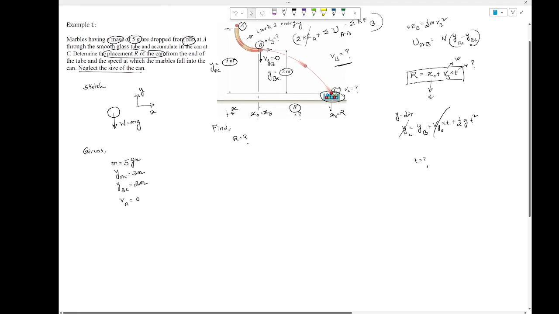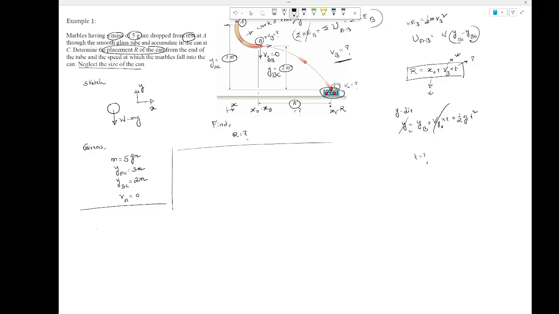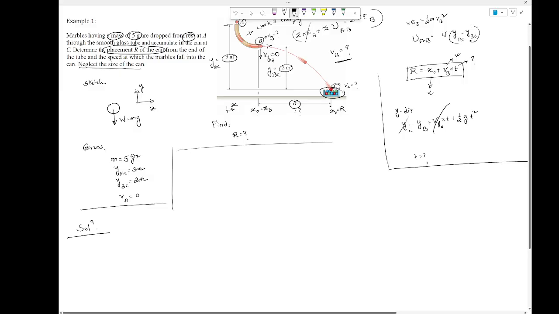All right, now let's start with the actual solution. Okay, so let's do it here. So here, solution. Whatever I explained so far is just a note or strategy. So you obviously want to start by finding the value of the BC, the final velocity.